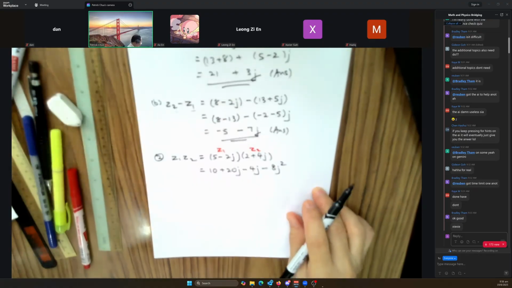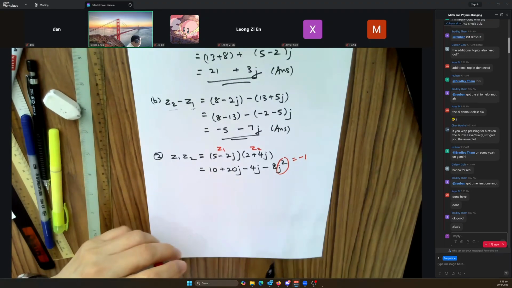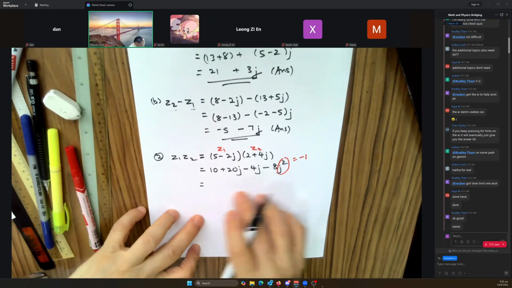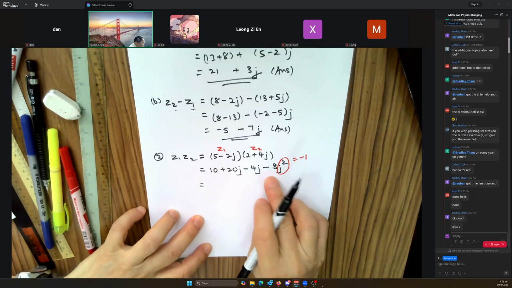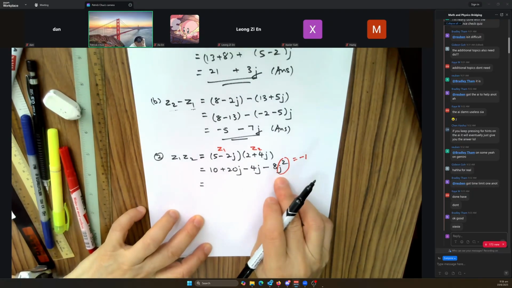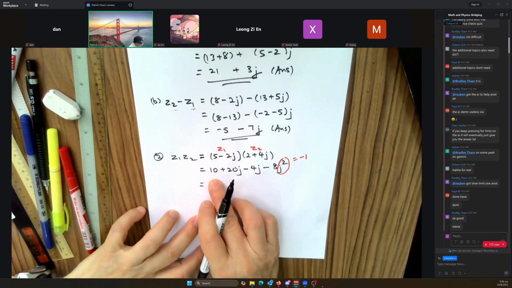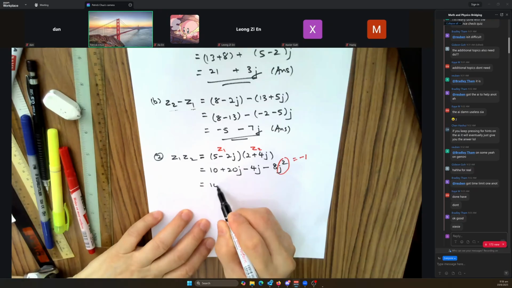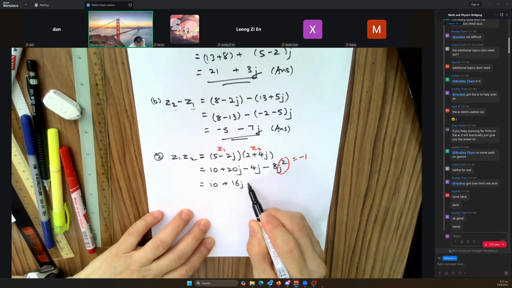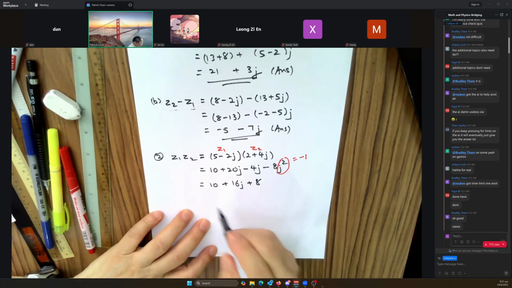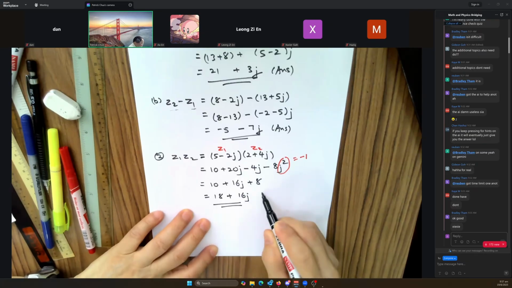We know that j squared is equal to minus 1, so minus 8j squared becomes plus 8. Then you put all the real parts together: 10 plus 8. 20j minus 4j gives you 16j. So that's the answer, with plus 16j.